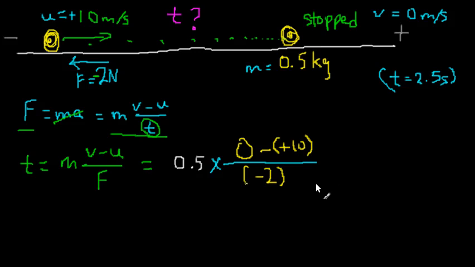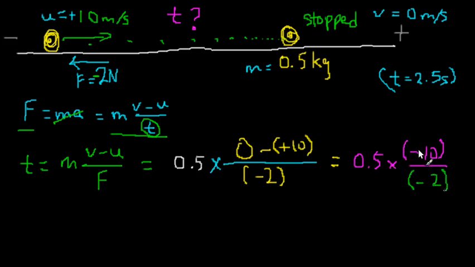I'll start by removing the bracket. So 0.5 times 0 minus 10, that's minus 10. Bracket around that, and I still have minus 2 at the bottom.